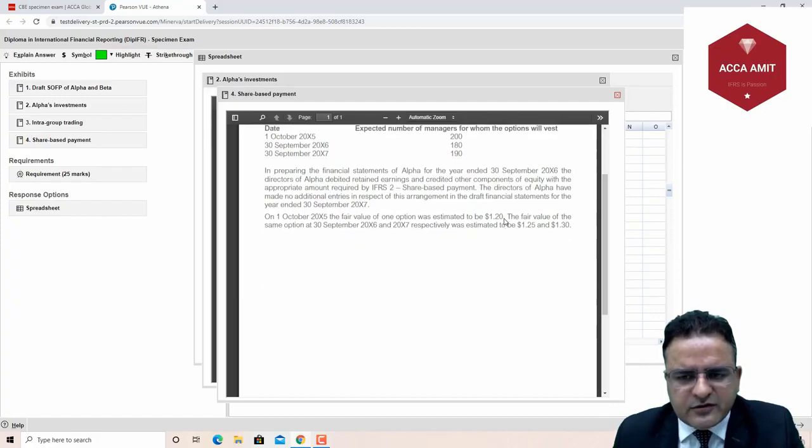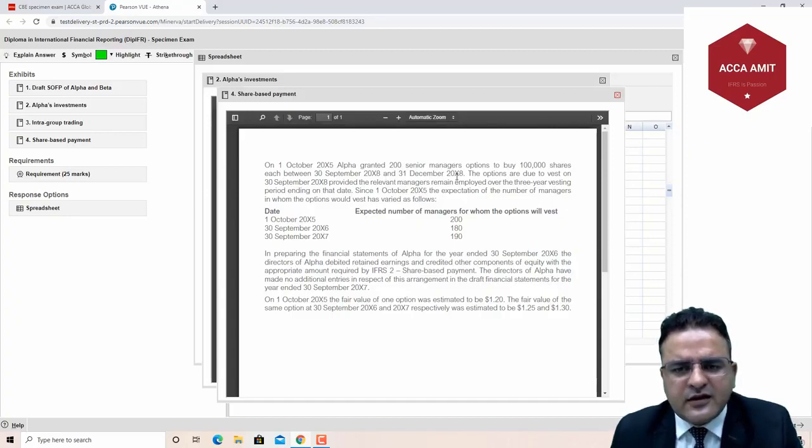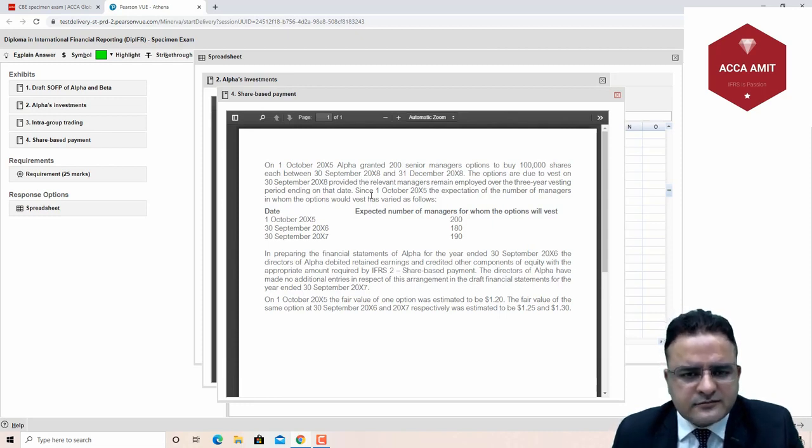Now when you look at this information of share-based payments, we get to know that on 1st October 2005, that is 20x5, Alpha granted 200 senior managers options to buy 100,000 shares each between 30th September 2008 and 31st December 2008. So this is after 3 years. The options are due to vest on 30th September 2008, provided the relevant managers remain employed over the 3-year vesting period.